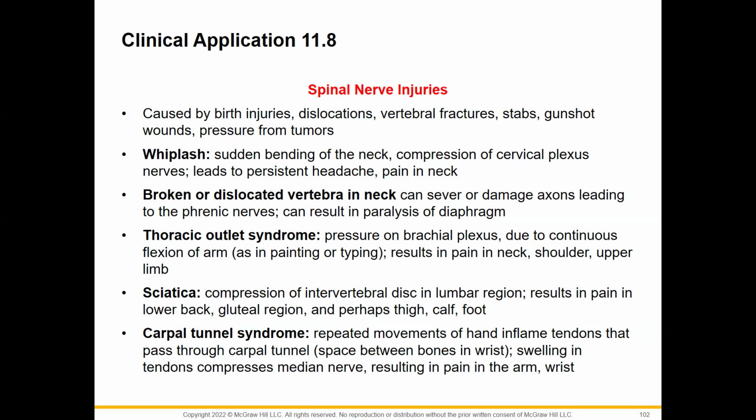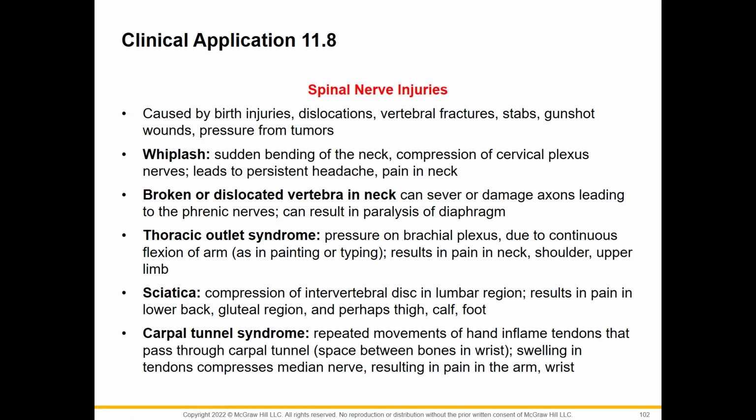Your skull might have been stopped by the airbag, but all of this is stopped suddenly. So when the car first stops and your head is still moving, but your body has stopped because of the function of the seatbelt, then that quick, sudden flexion of the neck can compress those cervical nerves and cause problems. That's whiplash.